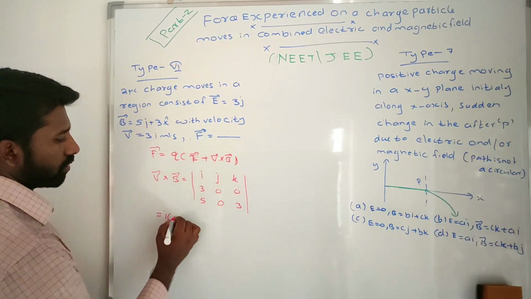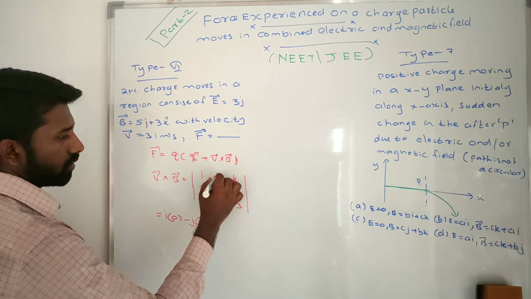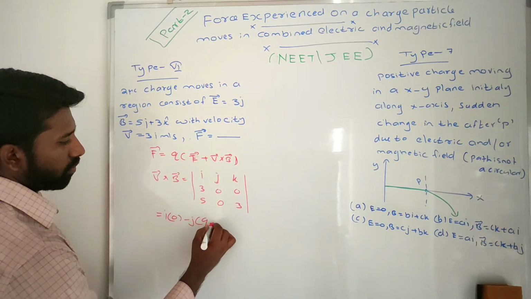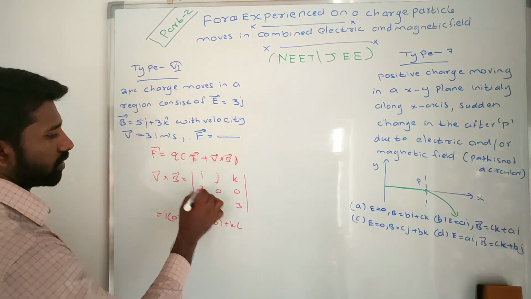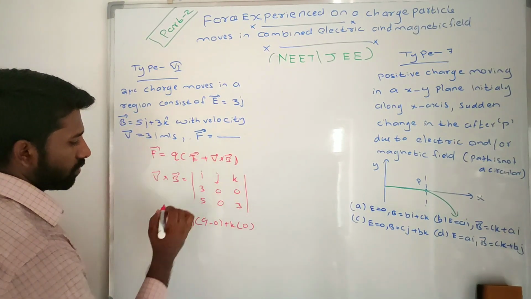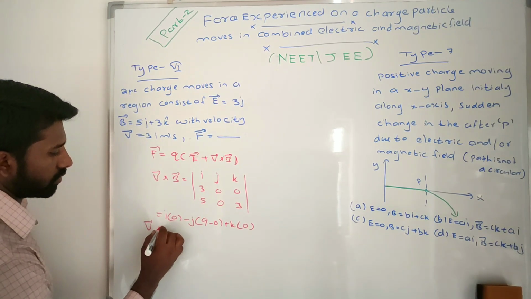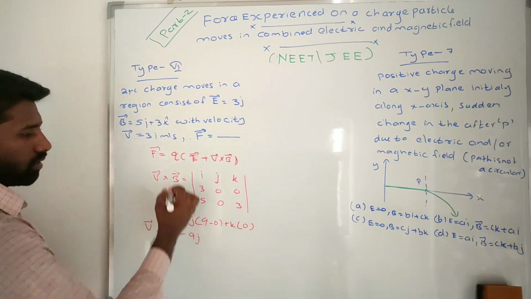So what will you get? 3 into 0, 0, so that is 0 minus j, rows and columns cancelled. What will you get? 3 into 3, 9 minus 0. Okay, plus k, rows and columns cancelled. 0 minus 0, 0. So what about V cross B? We will get V cross B is equal to minus 9j.